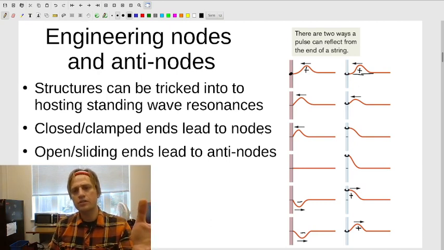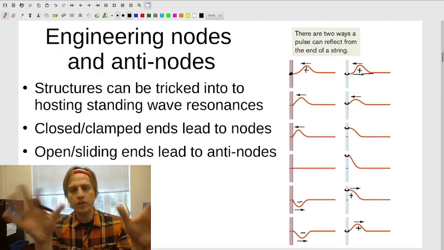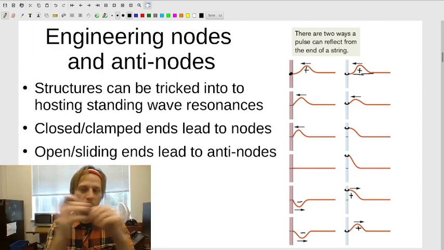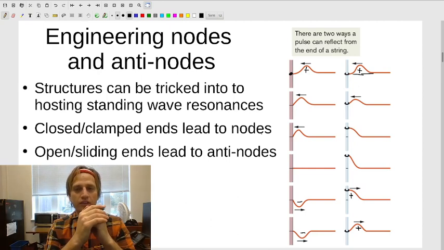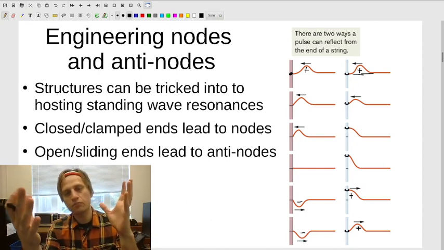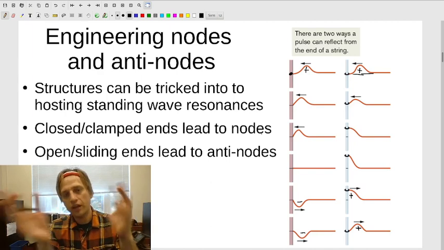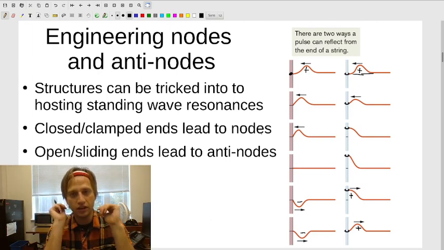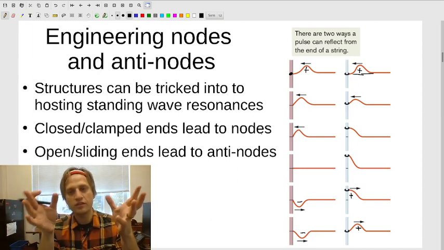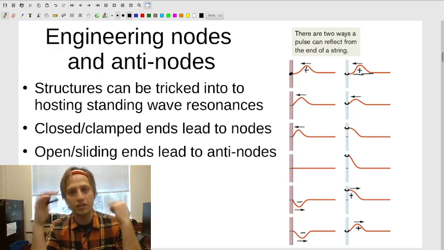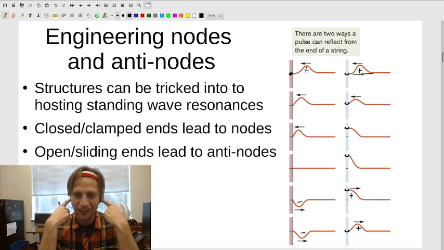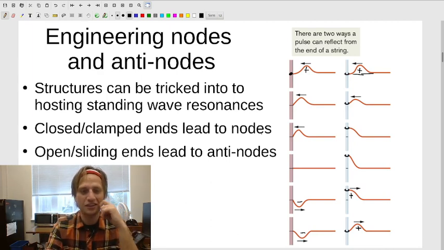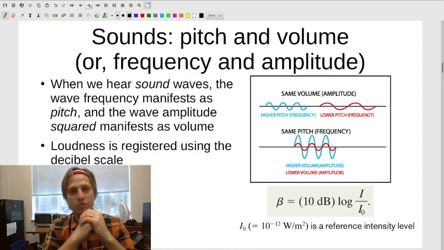What musical instruments do is you blow the air, and the different waves that go in there, the different changes in pressure, all happen together, but only some of them add constructively in such a way that you get constructive interference, so that the shaking of the instrument leads the air to shake, which in the end makes your ears shake at a certain frequency in time. So how does that work?